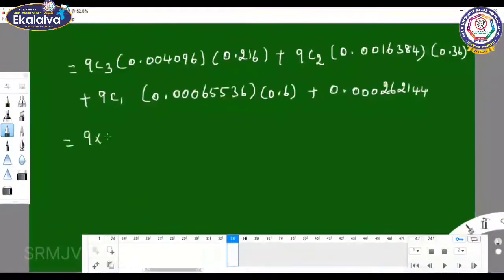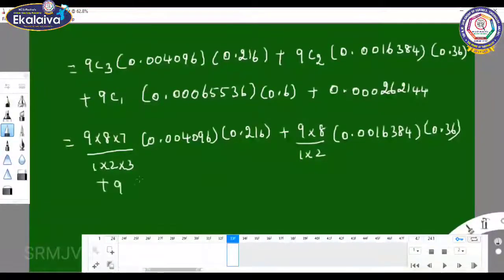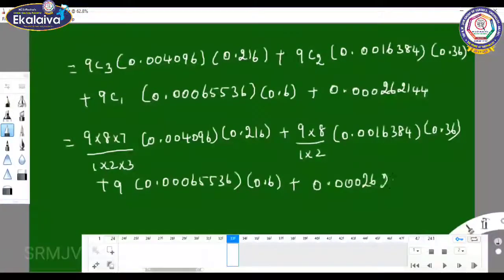9C3 equal to 9 into 8 into 7 by 1 into 2 into 3, into 0.004096 into 0.216, plus 9C2, 9 into 8 by 1 into 2, into 0.0016384 into 0.36, plus 9C1 value is 9 into 0.000065536 into 0.6, plus 0.000262144.